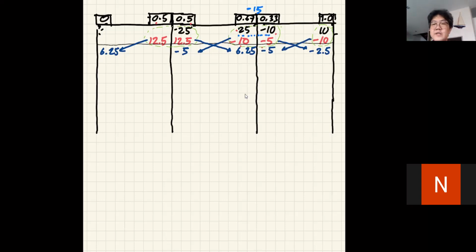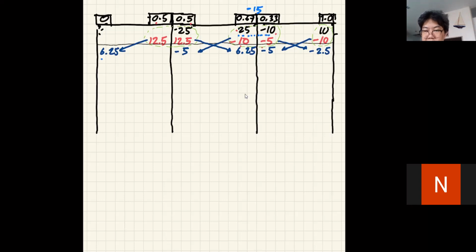Because the presence of the moment would mean that you need to carry it over to the far end of the member, you have new unbalanced moment coming in. And you need to balance this again. Okay? So this time, because joint A is already fixed, we don't need to do anything about it.